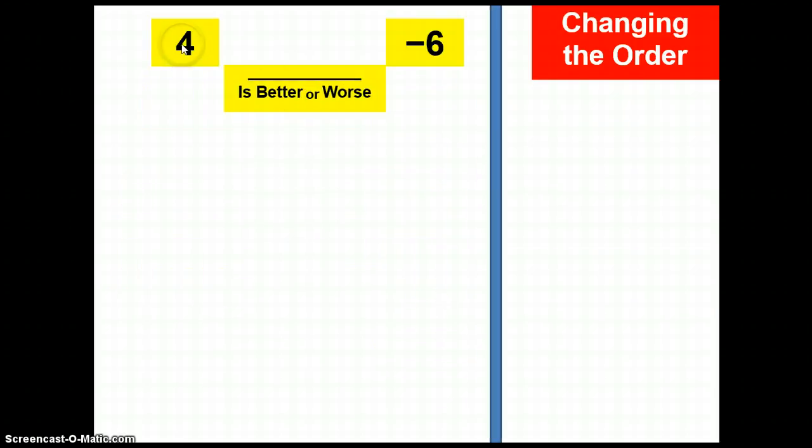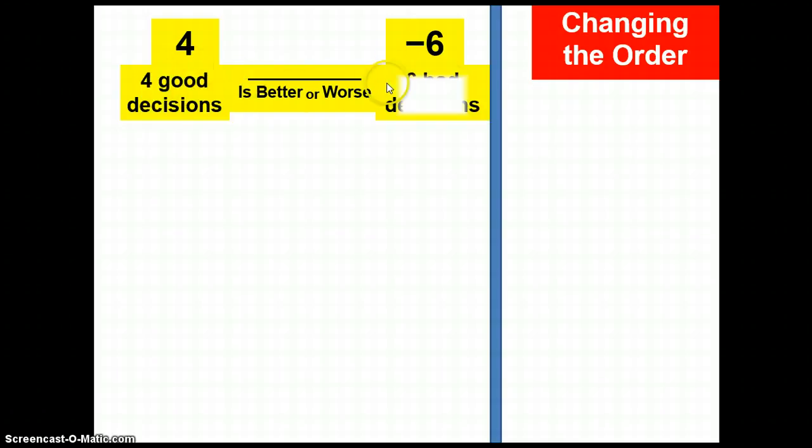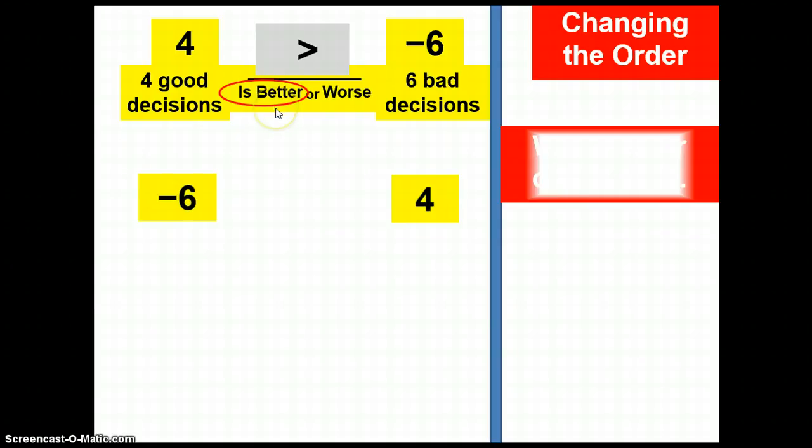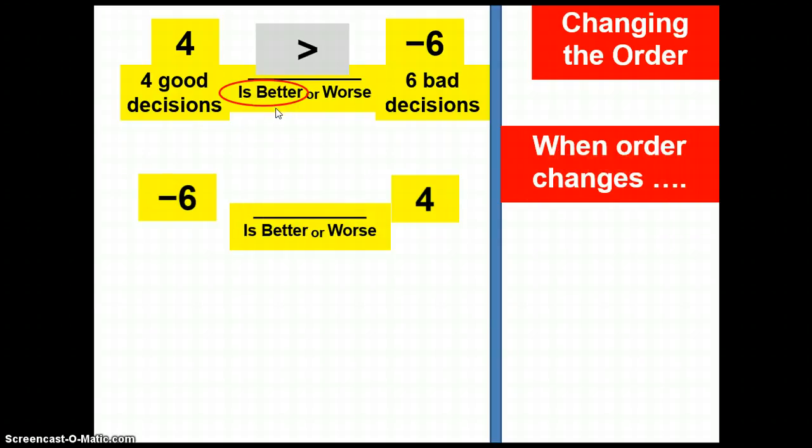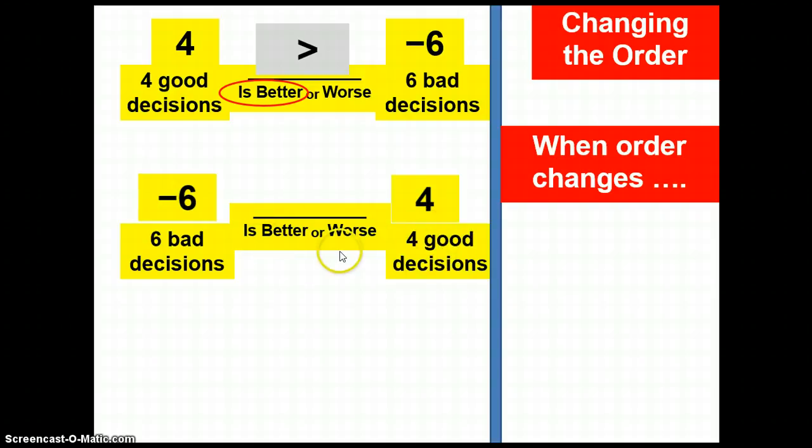Let's try this one. Are 4 good decisions better or worse than 6 bad decisions? Better, right? If I switch up the order again, do I still keep the same symbol? When the order changes, is it still going to be better? So are 6 bad decisions better or worse than 4 good decisions?